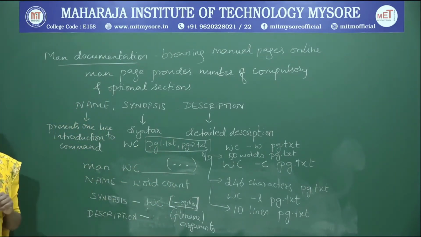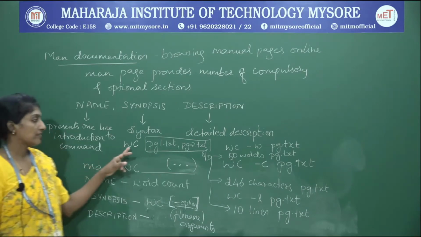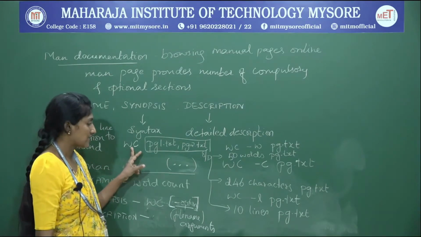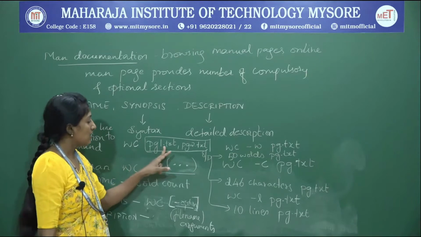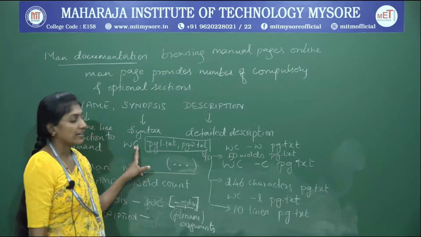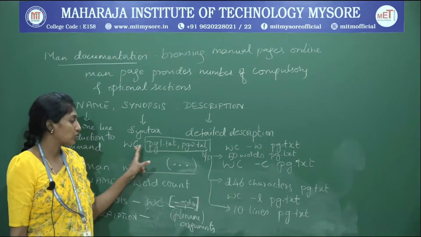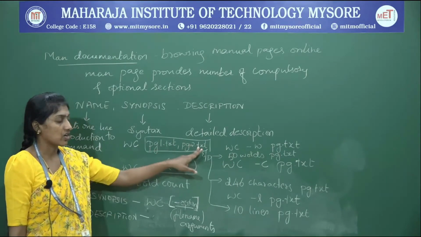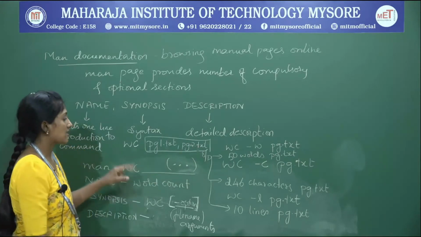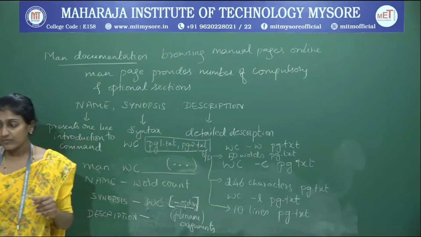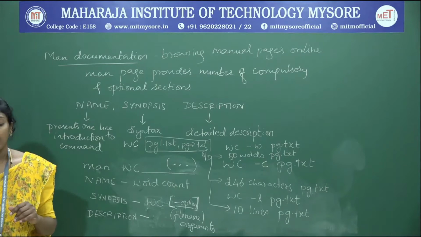That is, you can have these two together for one single WC command. So it is going to get you the word count, character count and line count of both the files pg1.text and pg2.text. So this is about your man documentation command.